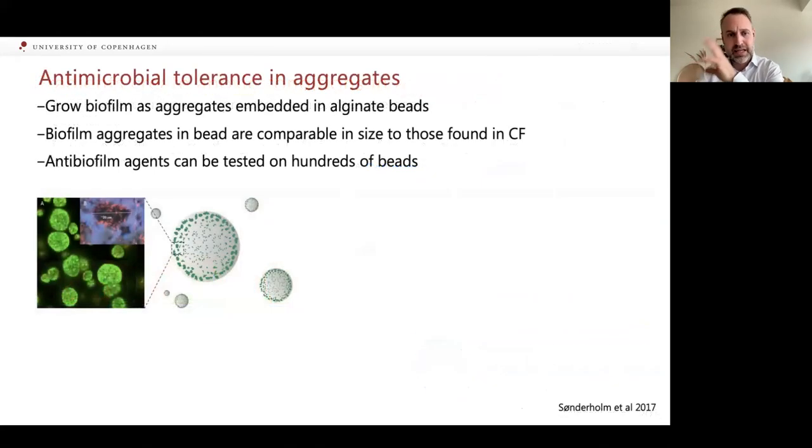So we have the same gradients as we talked about before. Another way of studying this is a model that Maiken Sønderholm and Mads Lichtenberg developed, where we try to capture both the external gradients towards the aggregate, but also the internal gradients within these aggregates. This is the aggregate alginate bead model, where you produce small beads and capture bacteria inside of them, and the bacteria will grow into small aggregates of more or less the same size and conditions as you have in cystic fibrosis.